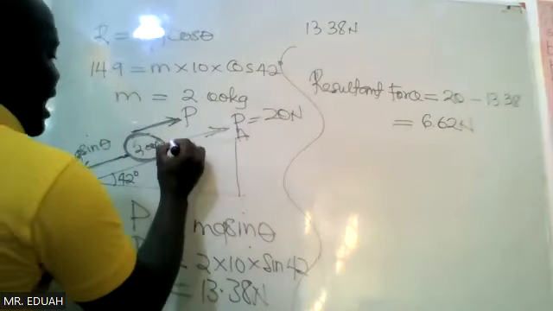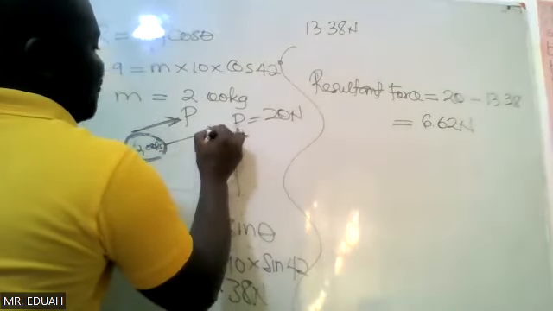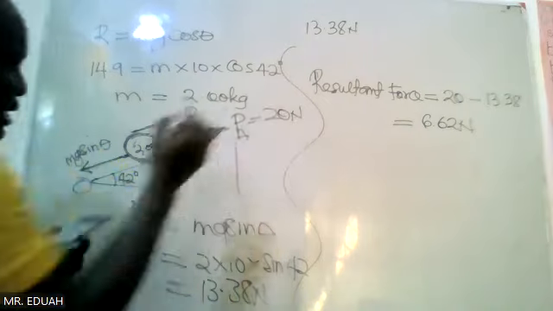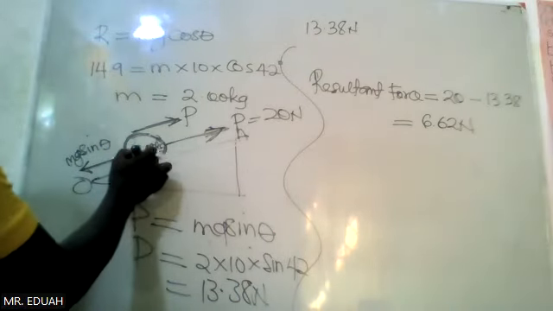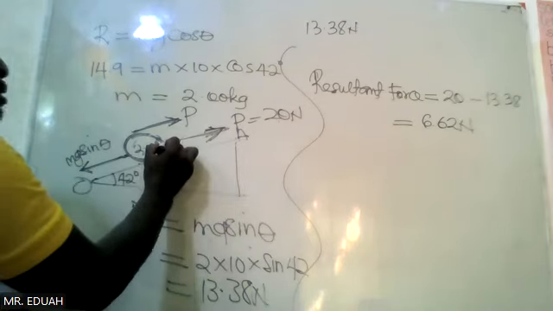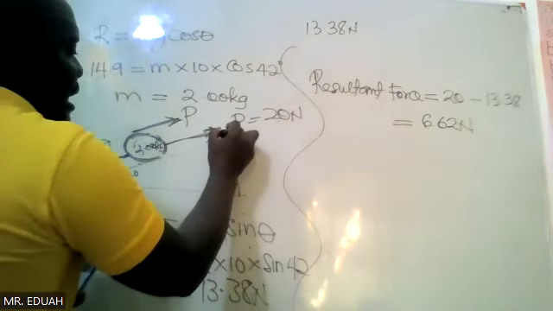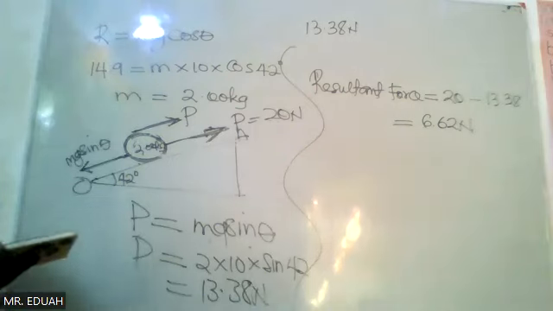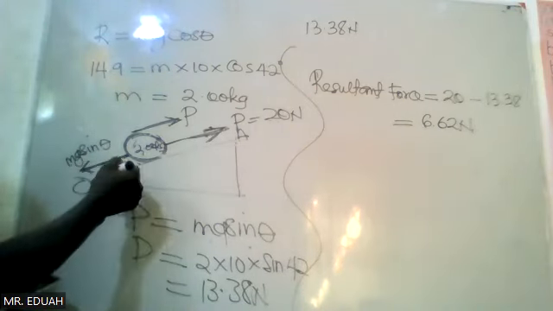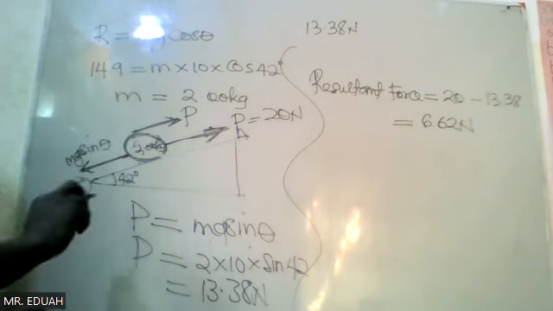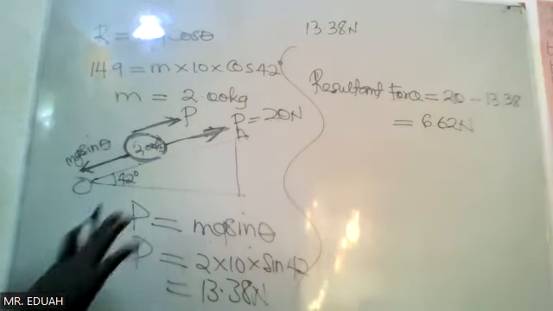But it is being pulled up the plane by which force? This force, 20 Newton. Don't forget, the mg sine theta is always acting down the plane, the natural force acting there.